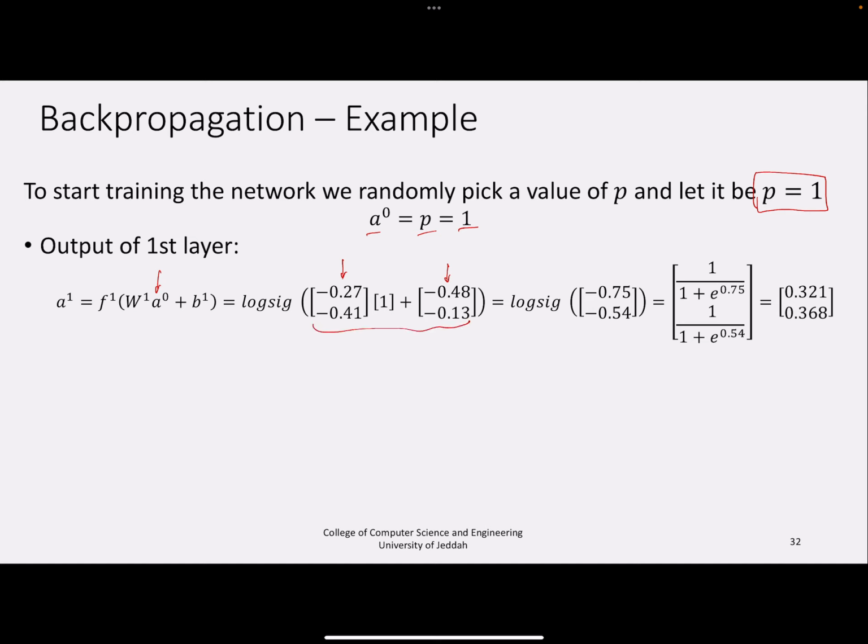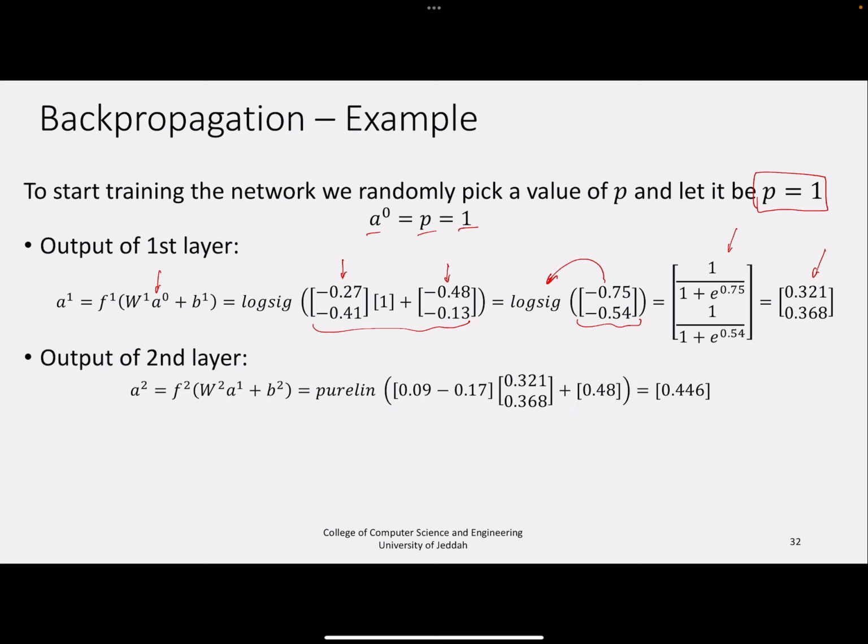You do the math over here, and this vector becomes the input to the activation function. We've chosen the log sigmoid function. You apply that function to it, and you get these output values. These are the output values from layer 1 in the first iteration.